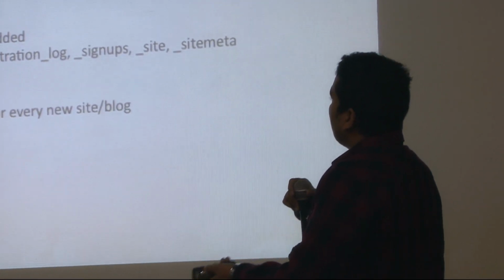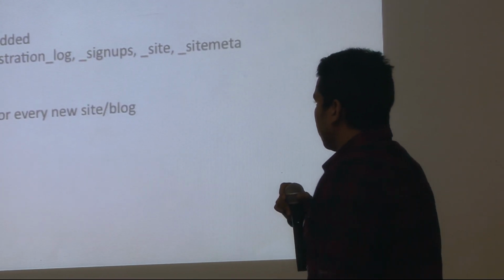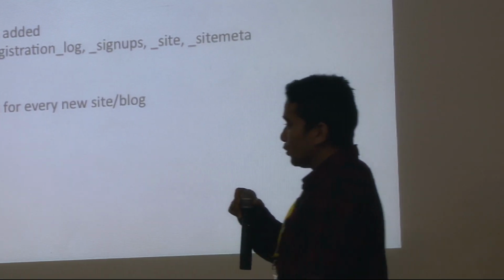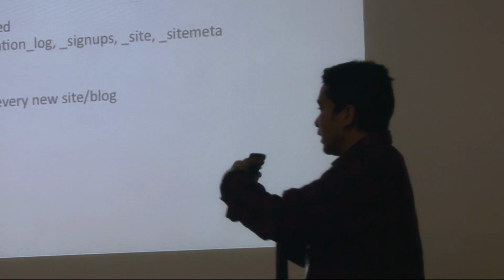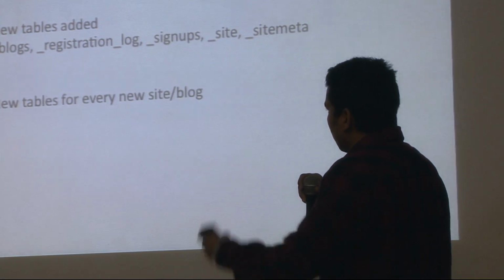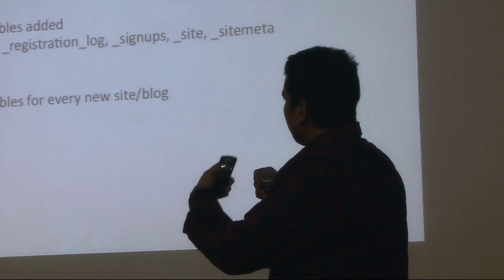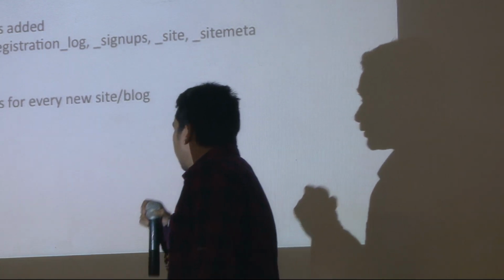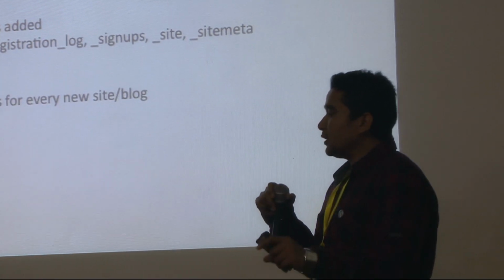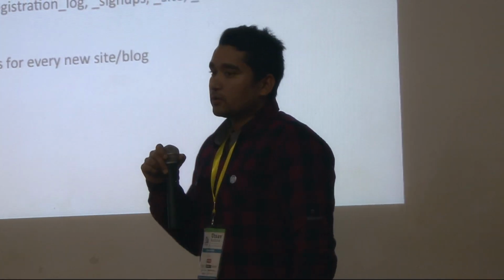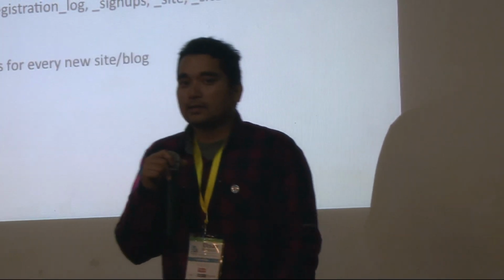You also get these tables added to your database: blogs, registration log, signups, site, and site meta. Site contains your site information, site meta contains more values about your particular sites or blogs, and registration log is where you register. That's how it is done. The main thing to take care of is the first point: it creates a new set of tables for each site. So every new site you make has 9 new tables.